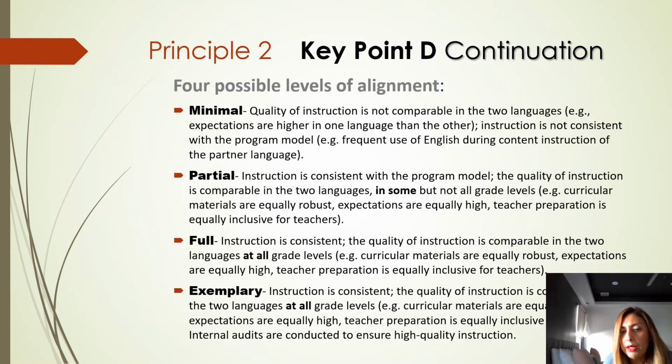And at the exemplary level, the instruction is consistent, the quality of instruction is comparable at all grade levels, and the curricular materials are equally robust, expectations are equally high, and teacher preparation is equally inclusive for all teachers. But at this point, there are internal audits being conducted to ensure that there's high quality instruction.